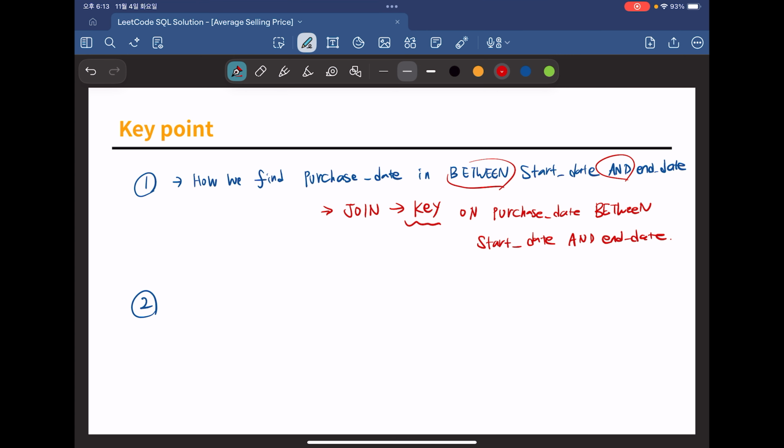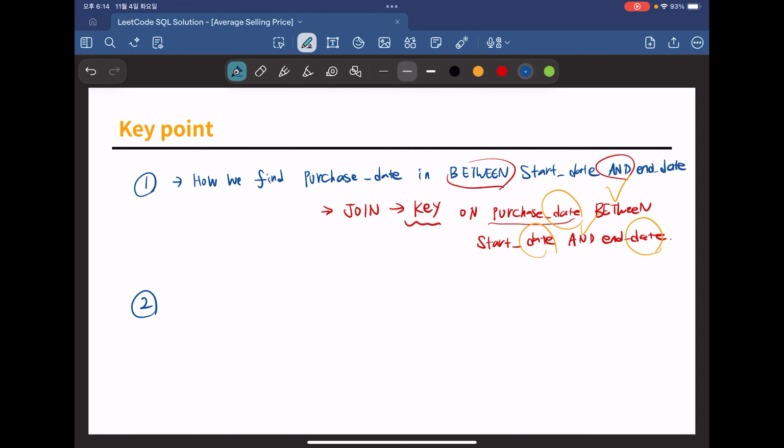I think it is important that we can use a join key not only on product ID like this, but also we can join using a date, and we can use between clauses in here also. That is what we learned. The first one, I think we can solve it like this.